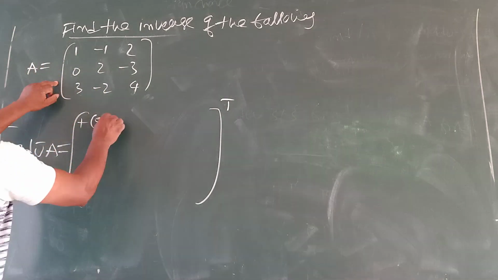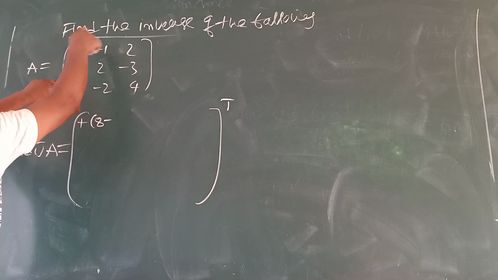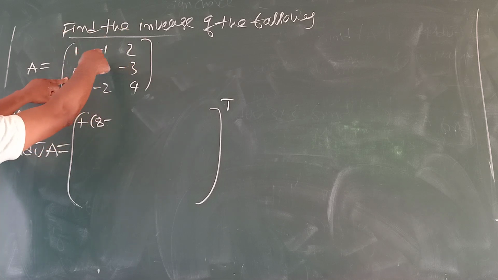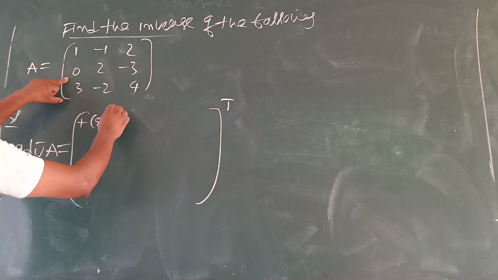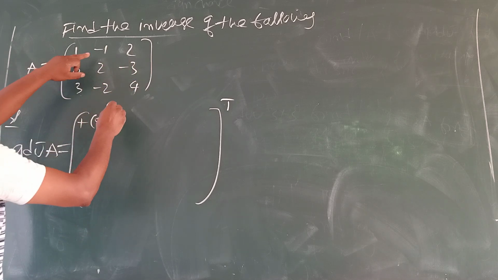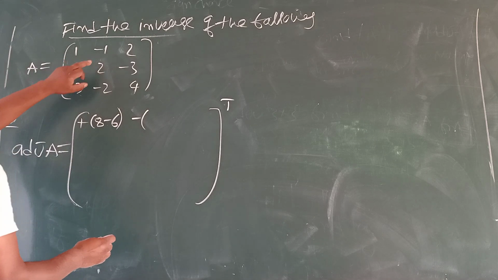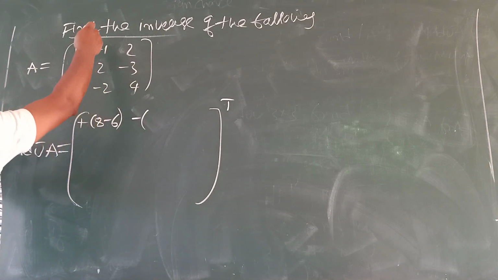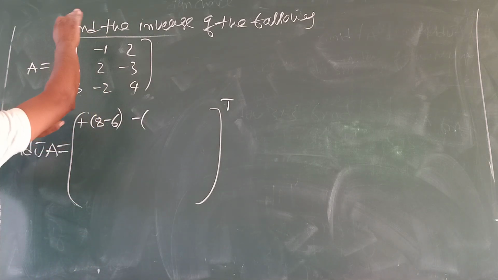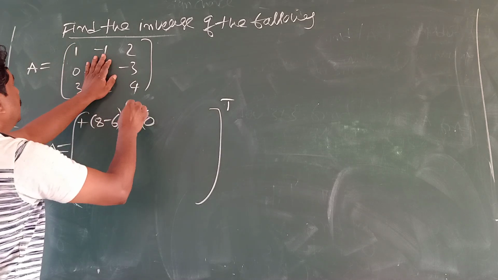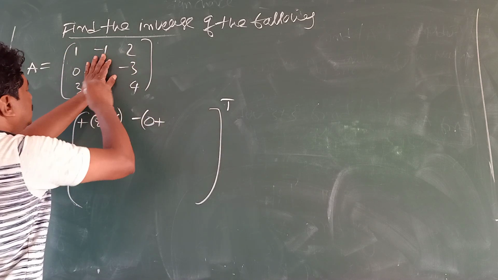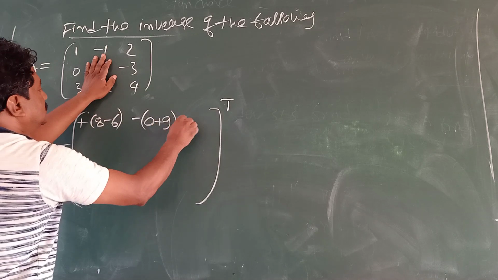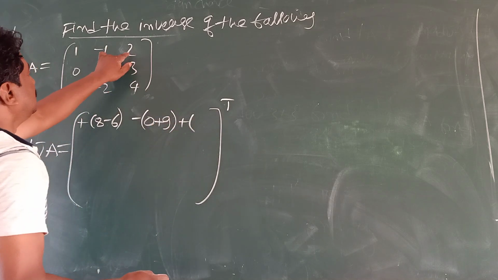Minus into minus plus into minus, I should write minus. Row, 4 twos are 8. Minus into minus plus into minus, 3 twos are 6. Next plus minus. Leave this column and row. So write 0, column row 0 minus plus 3 threes are 9. Next plus. Come to this element.